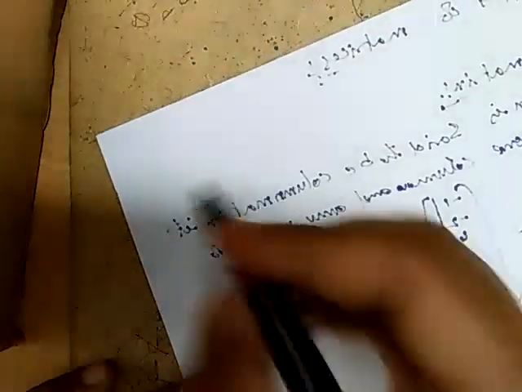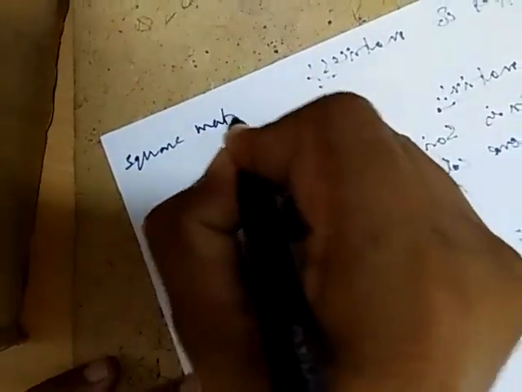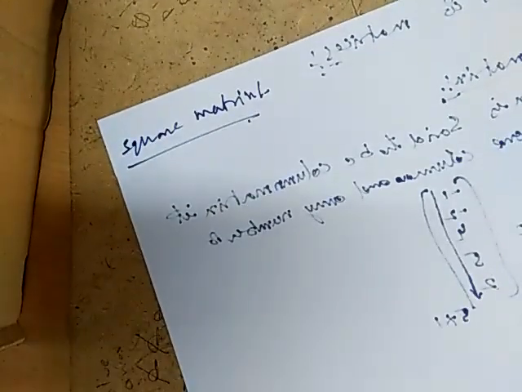Next, square matrix. Square matrix means i equals j, m equals n. Number of rows is equal to number of columns.